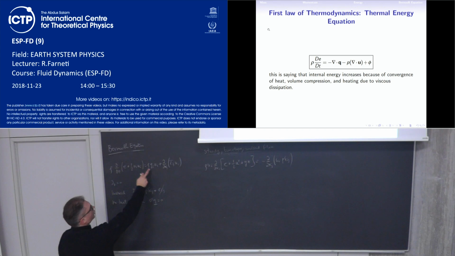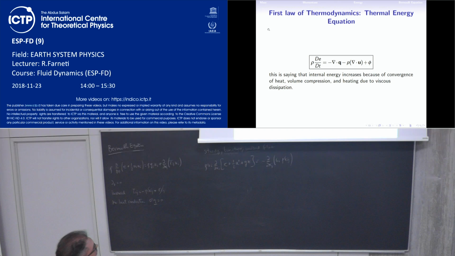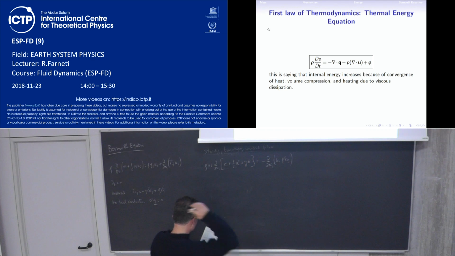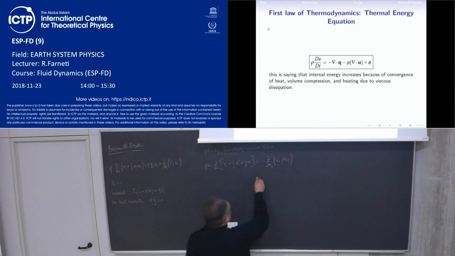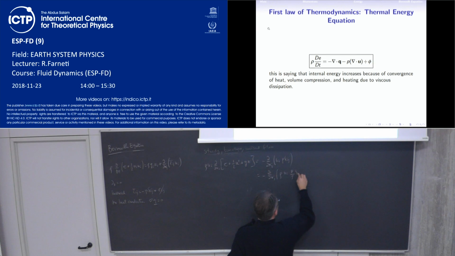The potential energy term has gone into the advective derivative, so that's what we're left with, and no heat conduction. This can be rewritten as multiplying by rho, dividing by rho.